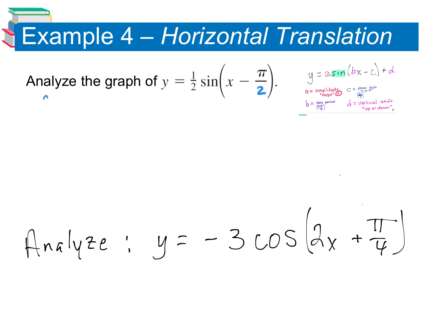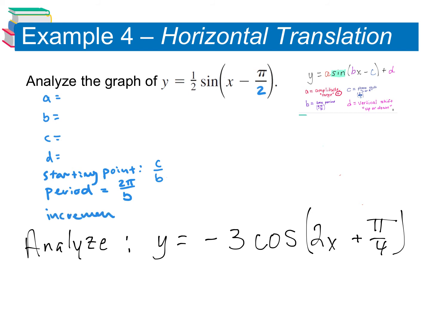Okay, so the first thing we want to do is identify our A, B, C, and D. And then to help us graph, we need our starting point, C over B. We also need our period, which is 2 pi over b, and our increment, which is the period over 4.